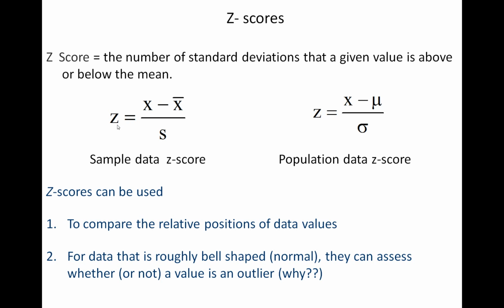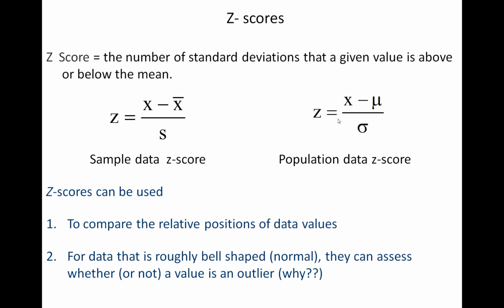If we wanted to know the z-score of a particular data value, we would use this formula: we put the value of interest here, subtract the sample mean, and then divide that quantity by the sample standard deviation. This gives the z-score for the data from that sample data set.